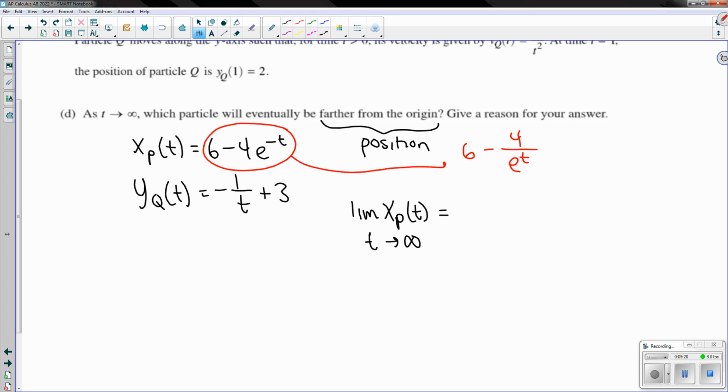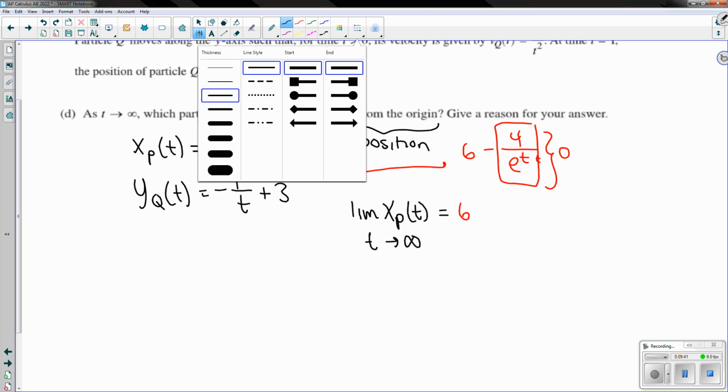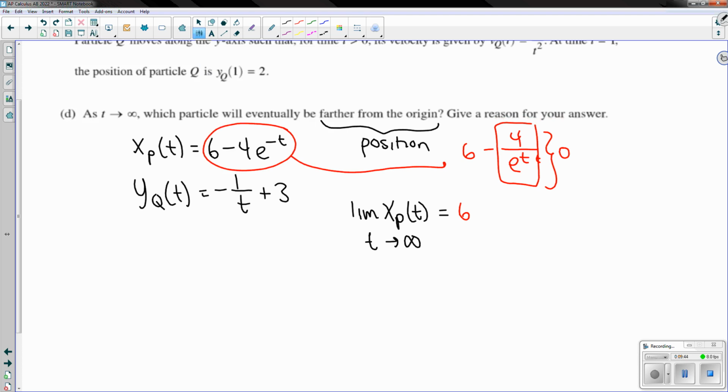So as this t value goes to infinity, the denominator of this fraction is growing without bound. So the overall value of that fraction or that ratio is going towards 0. Right, so a limit evaluation here. So that fraction part is going to 0. 6 minus 0 is 6. So as t approaches infinity, the position of the particle in relation to the origin is approaching 6.